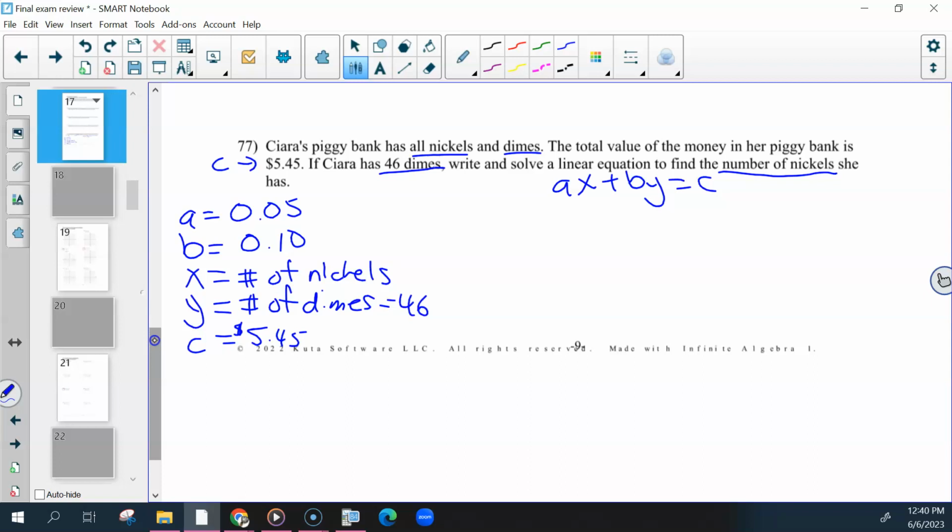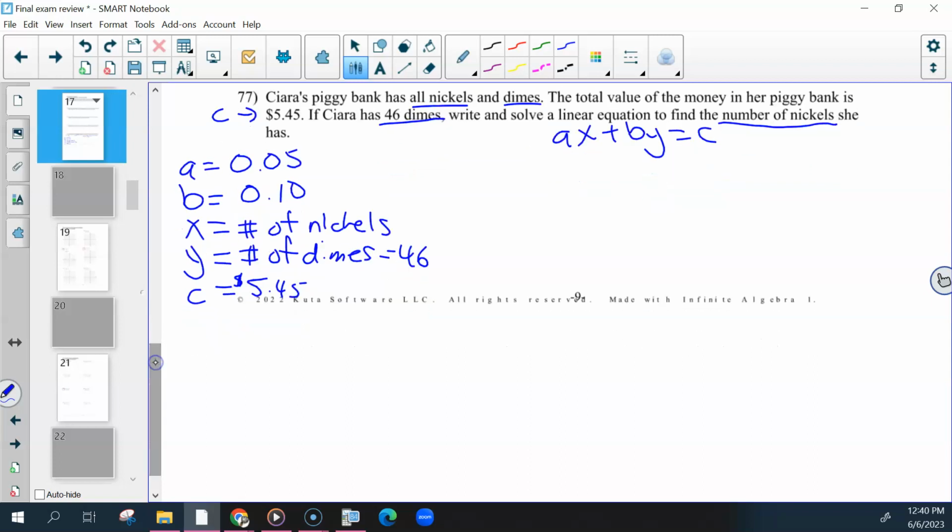So then taking all of those numbers, you would put it in that equation, that AX plus BY equals C. 0.05, X just stays X, plus 0.10, Y is 46, and it equals 545.